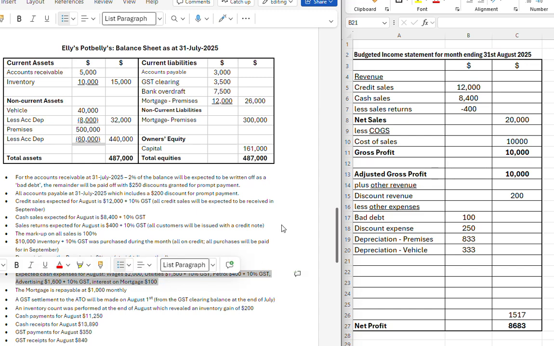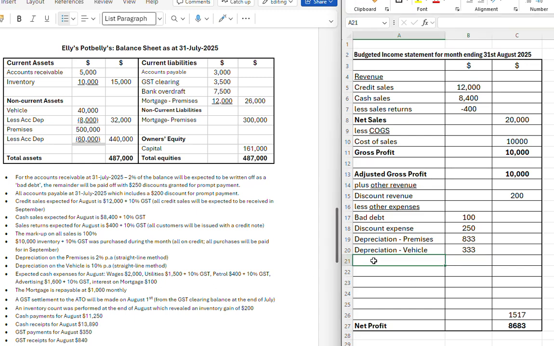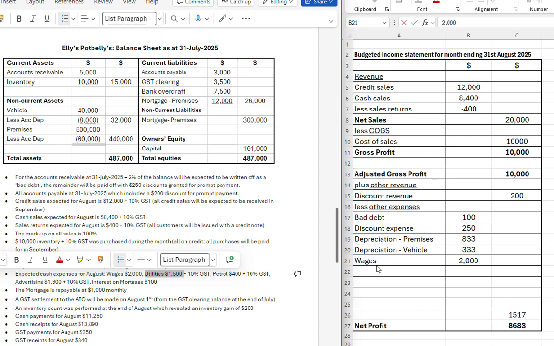Okay, next point. Okay, we've got a bunch of cash expenses here. Again, we ignore the GST. So our first one, wages. These are all non-trading expenses. 2,000. I've got some utilities. So that'd be things like electricity, gas, etc. 1,500. Petrol is an expense.